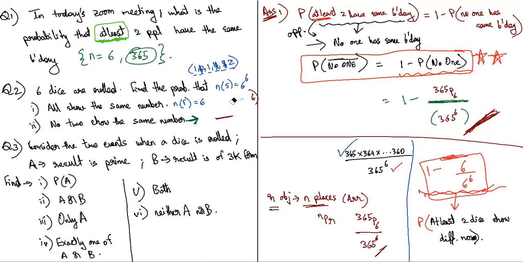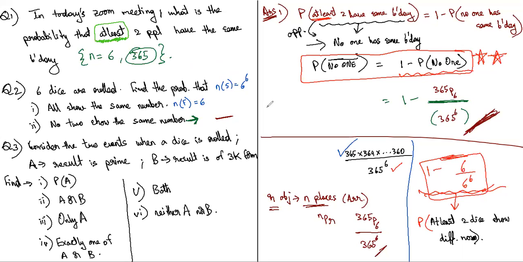तो फिर इस क्वेश्चन का आंसर क्या होगा? No two show the same number right. देखिए आप लोग थोड़ा, I'll help you. ठीक है? No two show the same number. कितना डाइस है हमारे पास? 6 डाइस है. ठीक है? अभी 6 पोजीशन में सब डिफरेंट होना चाहिए. कितना ऑप्शन है हमारे पास? How many options do you have? Numbers? 6.